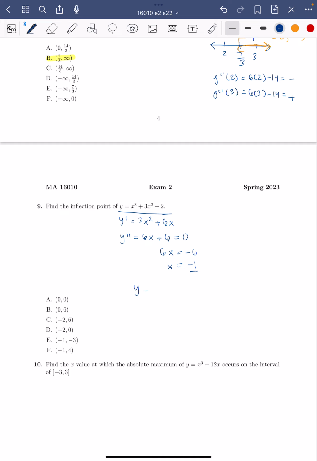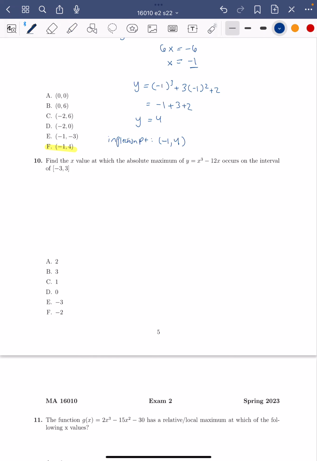So y equals -1 cubed plus 3 times -1 squared plus 2. So that's -1 plus 3 plus 2, which gives us 4. Putting those two together, we have an inflection point of -1, 4, or an answer of F.